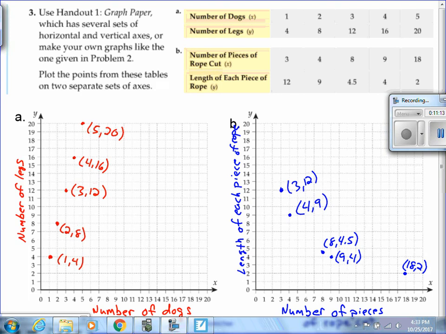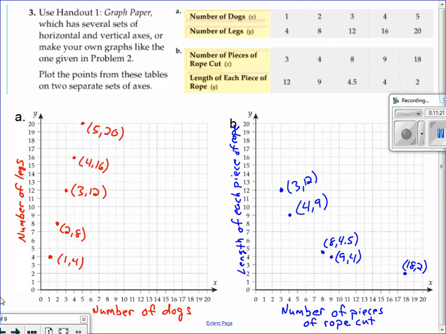All right, here's what your graphs should look like. Again, what I want to reiterate here, looking at the graph for the numbers of dogs and numbers of legs, you'll notice that our y increases as the x increases. Okay, you can see this in the table, that if you look at the x's, they're going up, and if you look at the y's, they're going up.